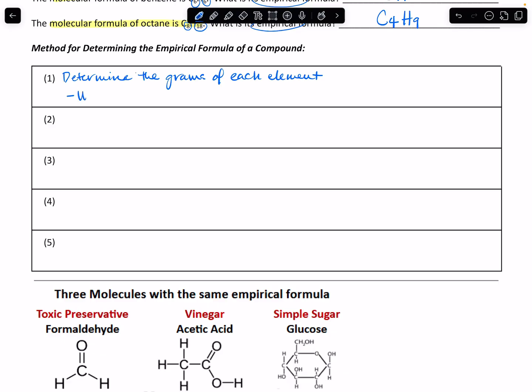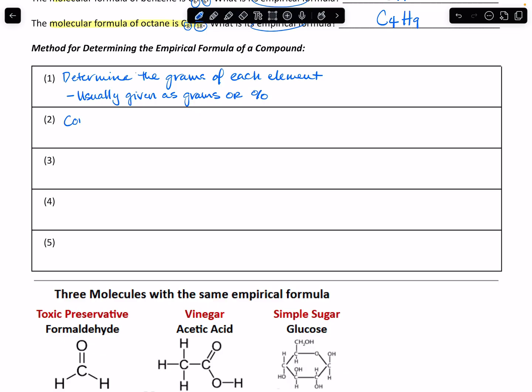And that is usually given in the problem as grams, which is the easy way, or you're given a percentage. So those are going to be your two choices, but you have to have grams of each element before you can really get going.